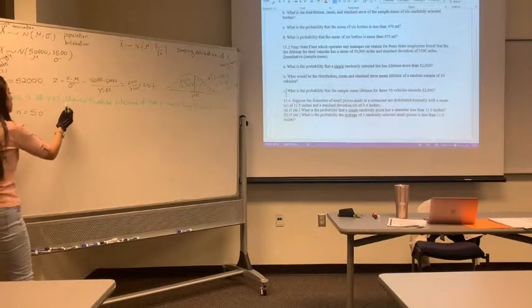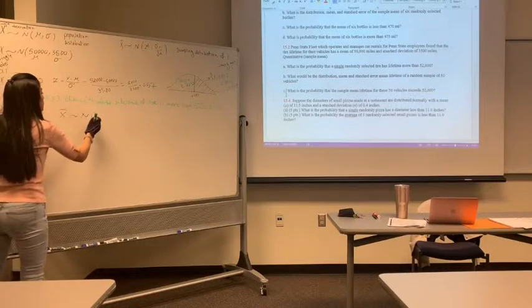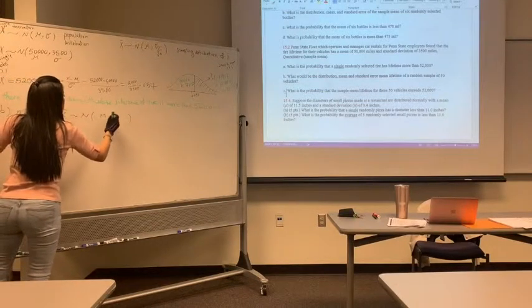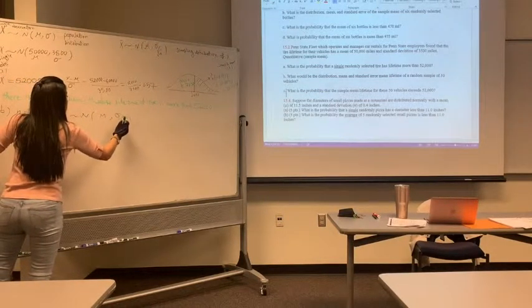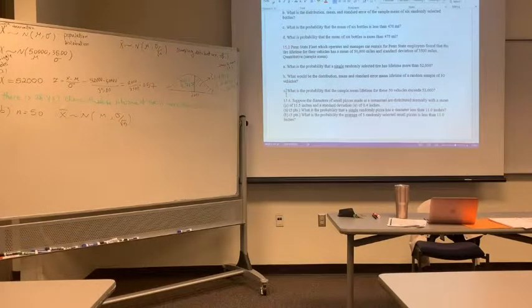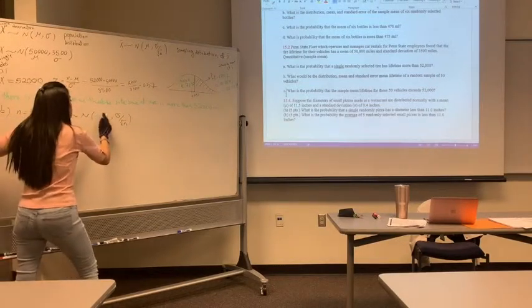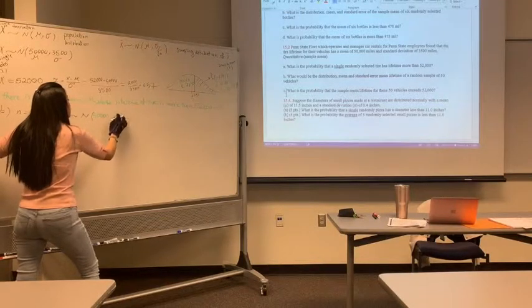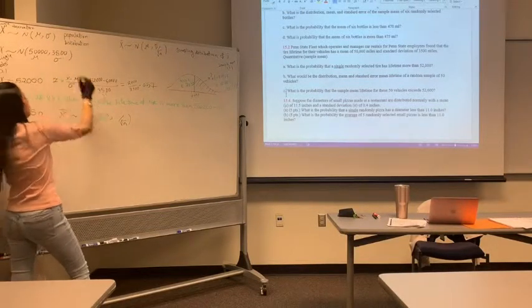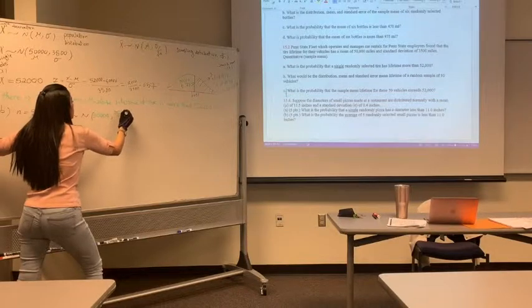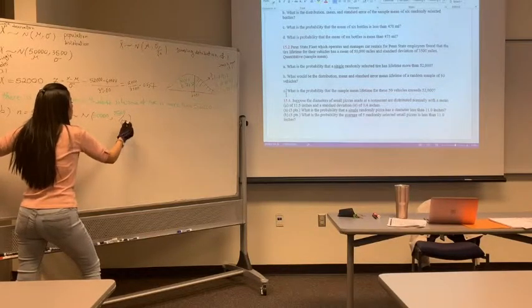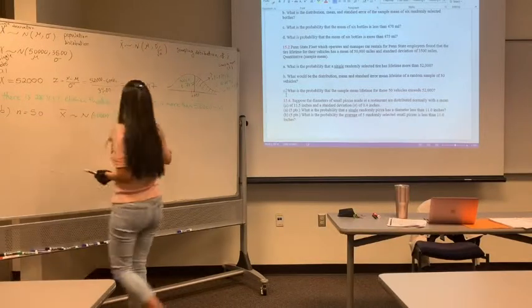We want to show the distribution for x bar, correct? So the mean is exactly the same, and then the standard deviation divided by the square root of 50.